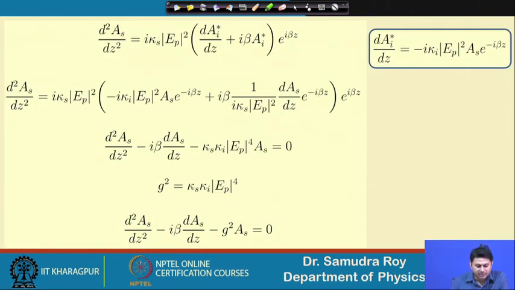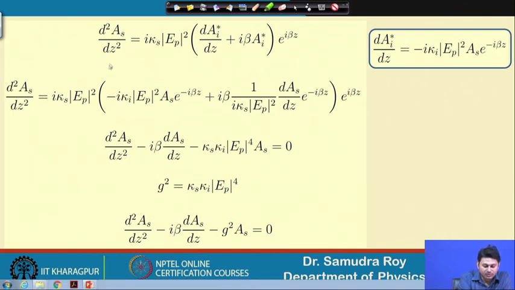As I mentioned, we make the derivative with respect to z of A s. When we make a derivative, there will be two terms. One is this, which is a constant. So, dA I dz will be here, plus I beta A I star and e to the power I beta z will be there. So, this is the derivative with respect to z on both sides for A s. Next, what will we do?